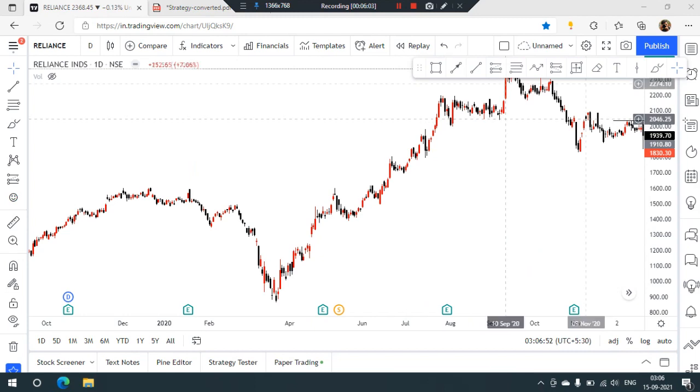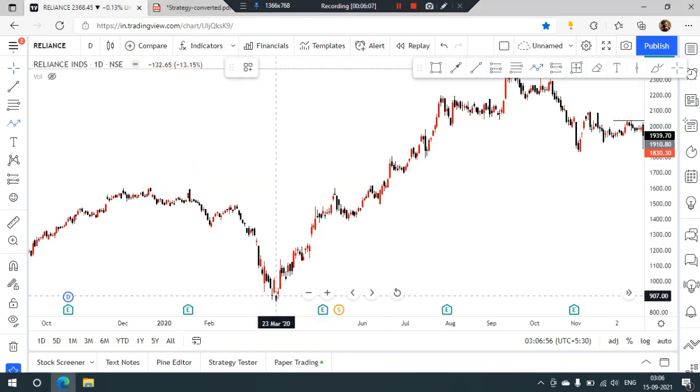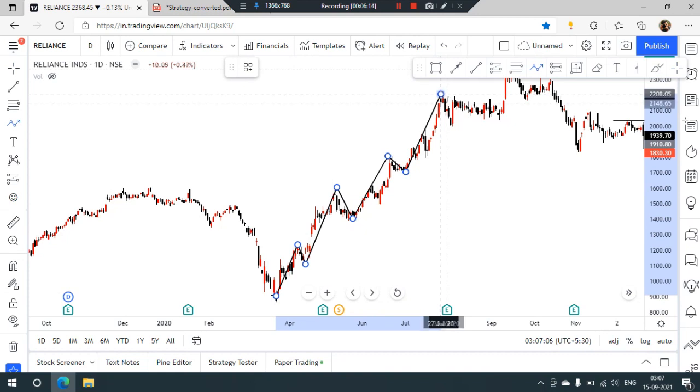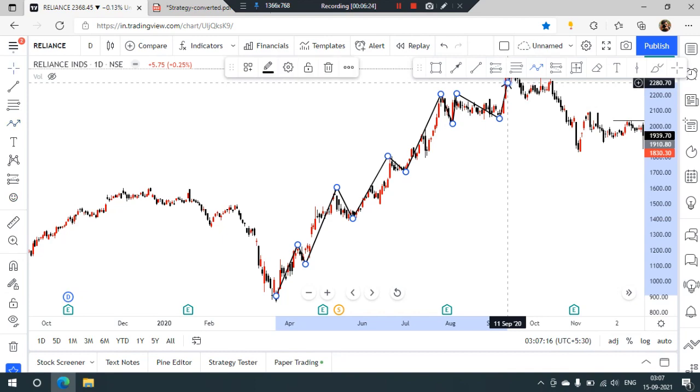As you can see, in the first case we have a Reliance chart, 1-day time frame, and we have corrective move, impulsive move, corrective move, impulsive move, corrective move, and then it formed an equal high, equal low here, and then again a new high.